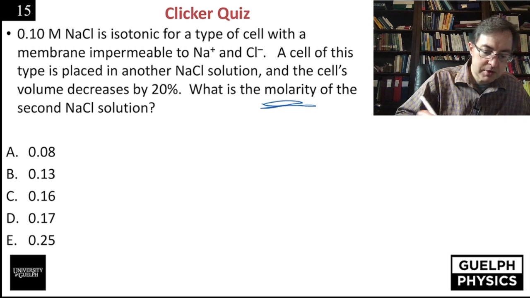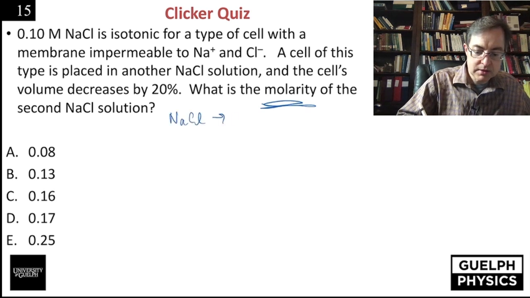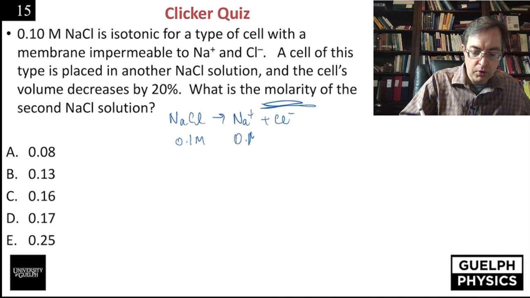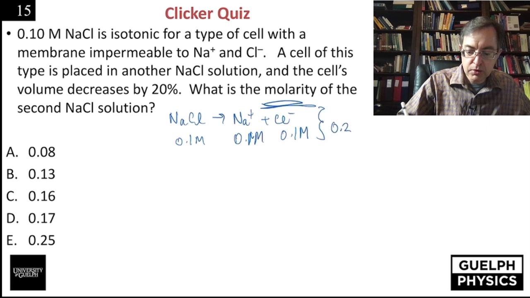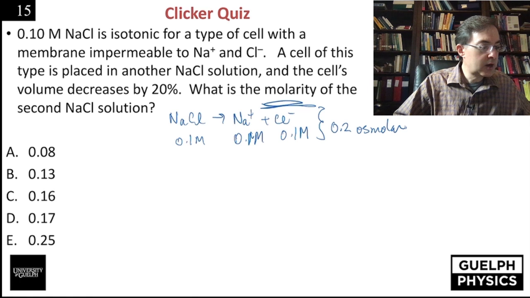So let's first consider that sodium chloride again dissociates into sodium plus chloride minus, and if this is 0.1 moles, you have 0.1 mole of sodium and 0.1 mole of chloride for an overall 0.2 osmolar solution of sodium chloride.